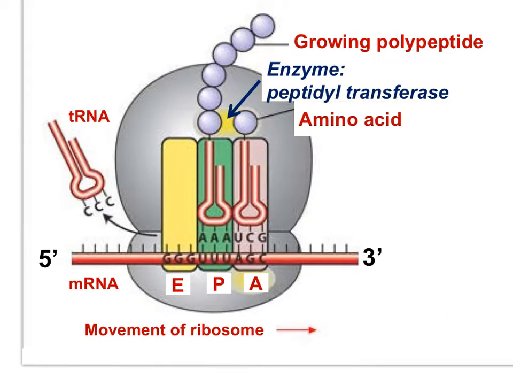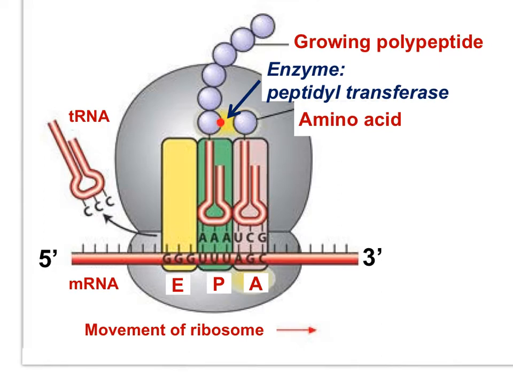In this image, we can once again see the A site, the P site, and the E site. The arriving tRNA comes into the A site, carrying an amino acid. The polypeptide chain is attached to the tRNA in the P site, and tRNA molecules exit the ribosome from the E site.